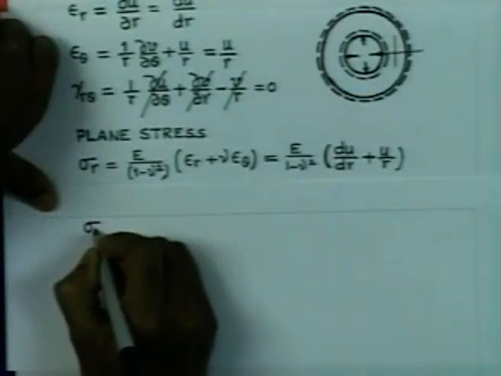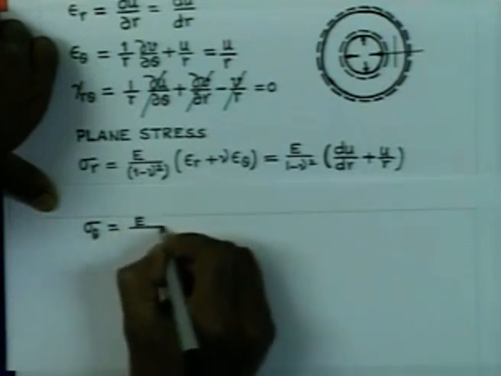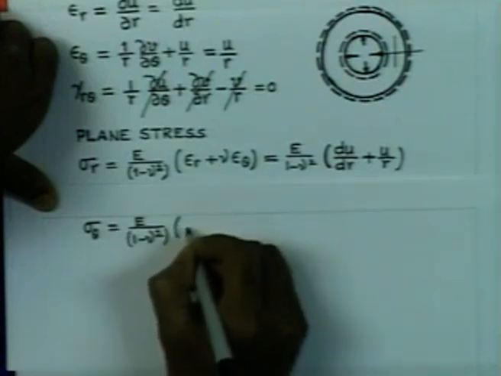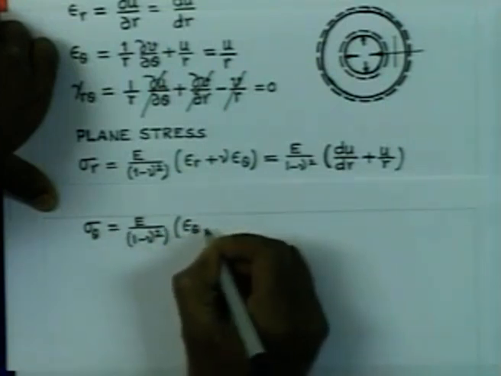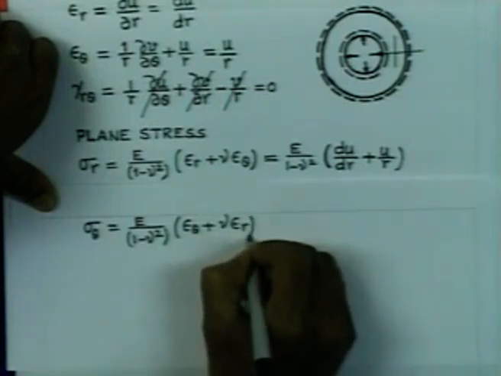If we calculate the circumferential stress, it is given by sigma theta equal to E by 1 minus nu square multiplied by epsilon theta plus nu times epsilon r.